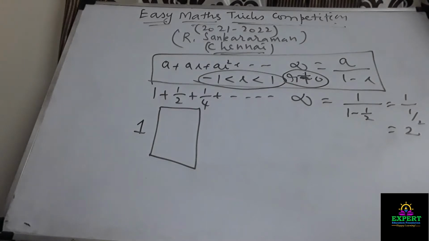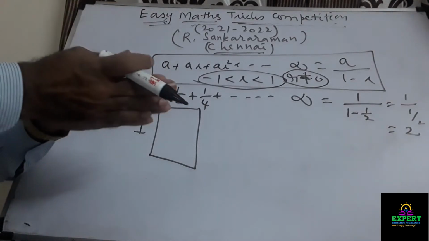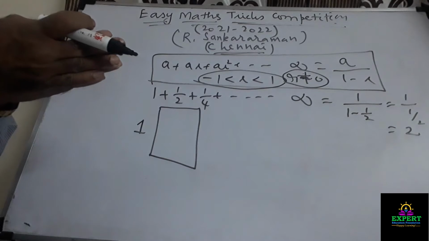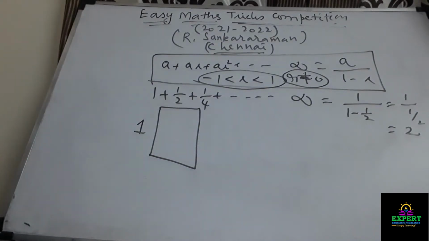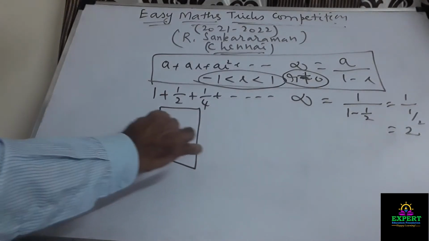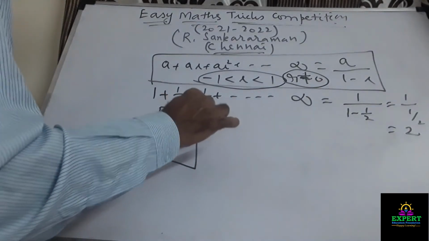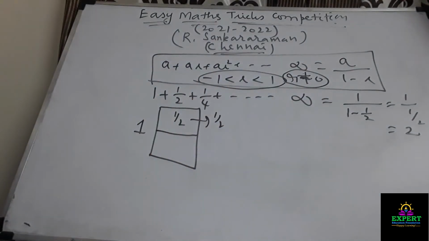I'll just put one paper on the table. I'll fold the other paper equally and unfold. You know very well each part represents half. I put one half over here. This is my half. I am left with the remaining half of the second sheet.